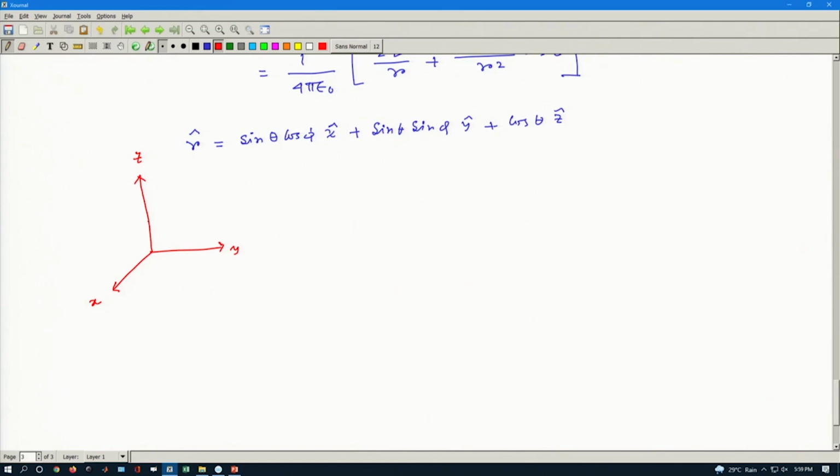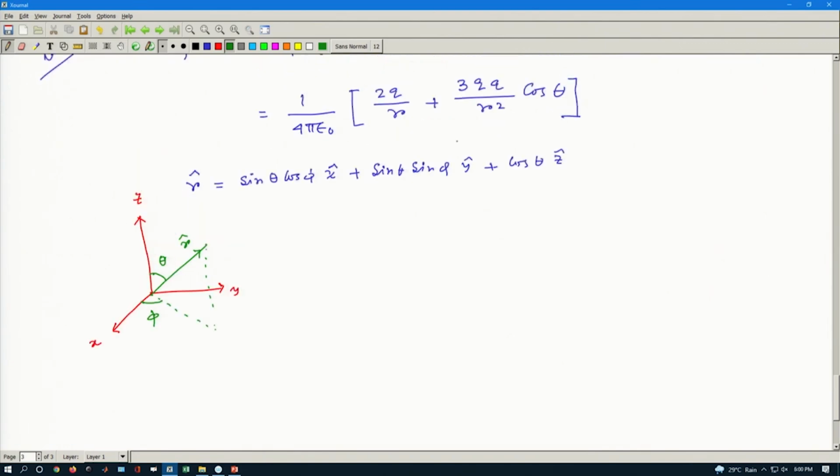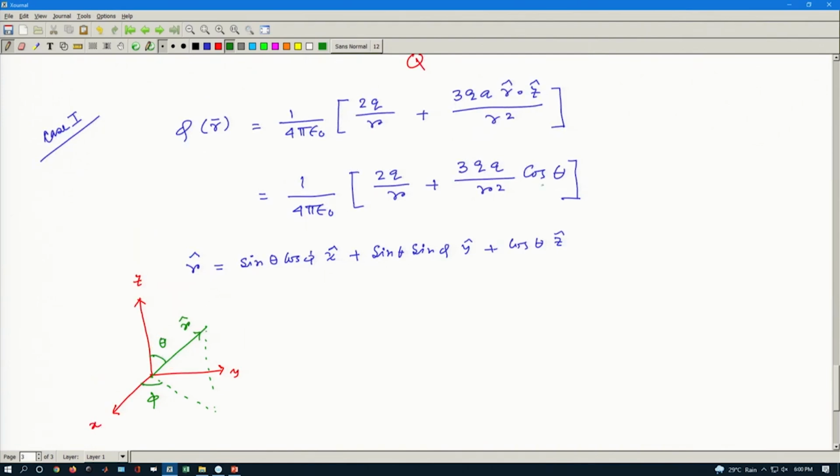In this coordinate system, if I draw an r vector like this, the direction of the r unit vector is along this direction, and if I make a projection here, this angle is my phi and this angle is my theta, right. So, according to this coordinate system, this is my r. That is why when we have r dot z, I have a cos theta here, because the z unit vector is associated with the cos theta.